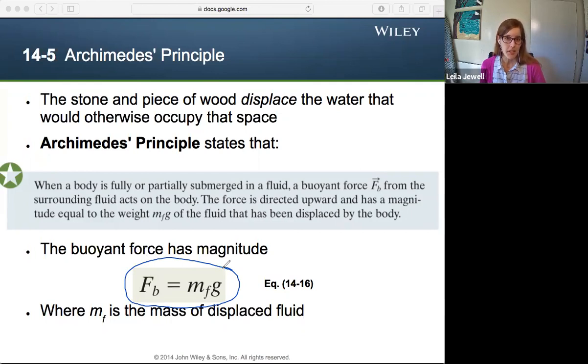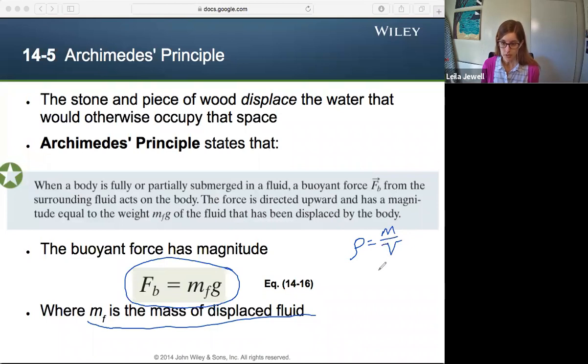Now the key here is this m_f. m_f is the mass of the displaced fluid. That's a key detail there. It's not talking about the object's mass, but just how much mass of fluid is displaced. Since we're talking about fluids, very often we won't work in terms of mass. It's much more convenient to work in terms of mass density. So density, or mass density, rho, is equal to mass over volume.